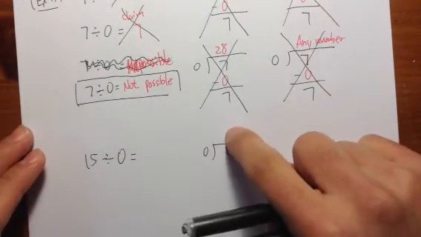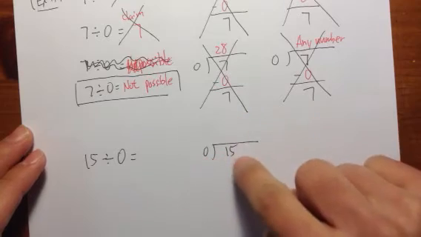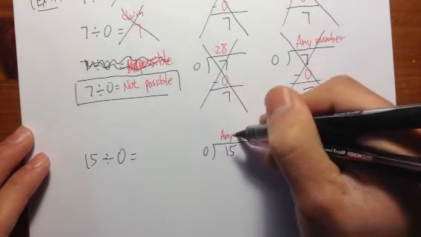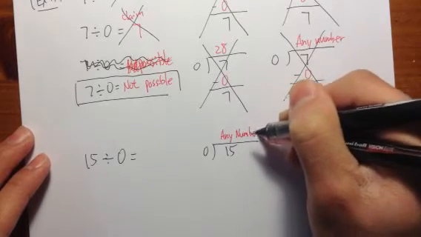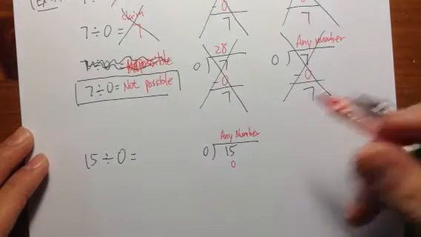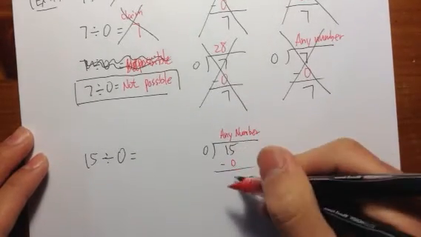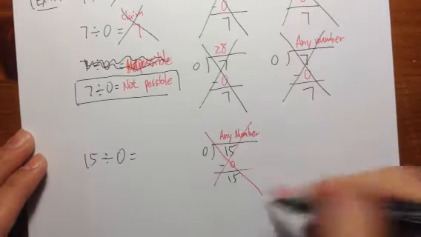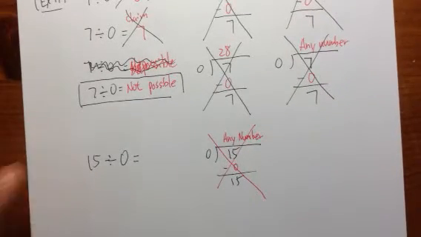Again, what times 0 can give you 15? No matter what you put, any number times 0 gives you 0. And when you subtract 15 minus 0, you get 15. So regardless of what you pick, it won't work.